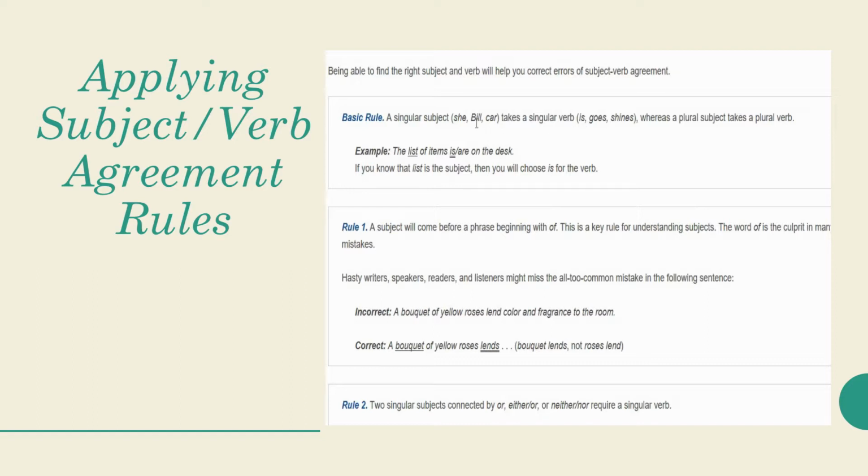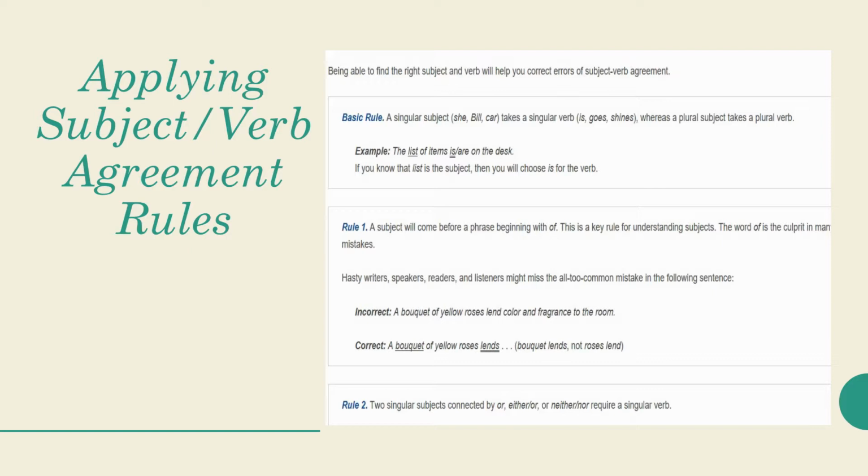However, if you were to have Bill and Tom, 2 people, you will not have goes, but go. More than one person. Likewise for car, which is singular, if you make it plural, cars with an S on it, it would not be shines, but shine without the S.